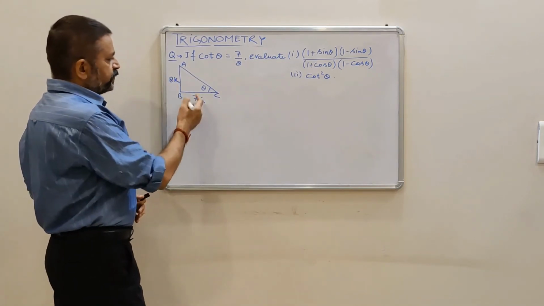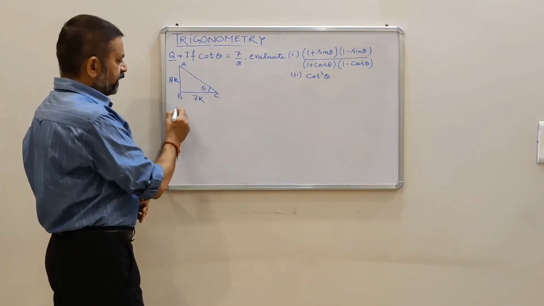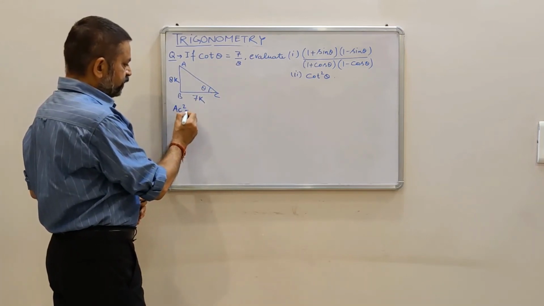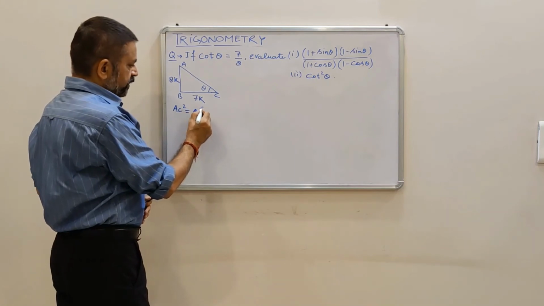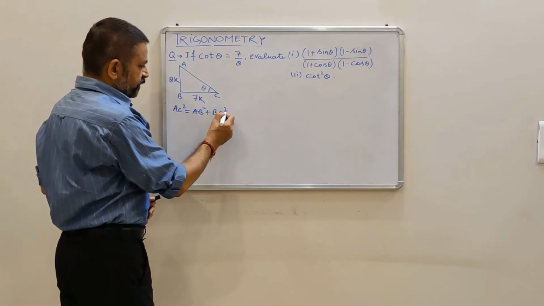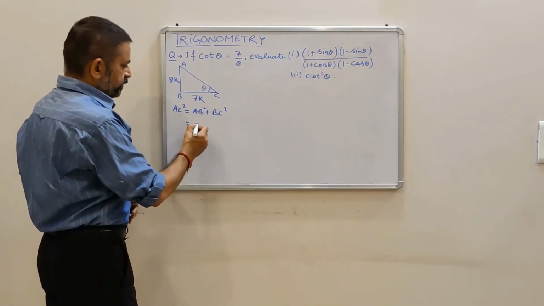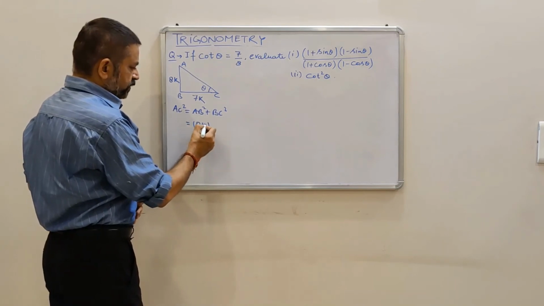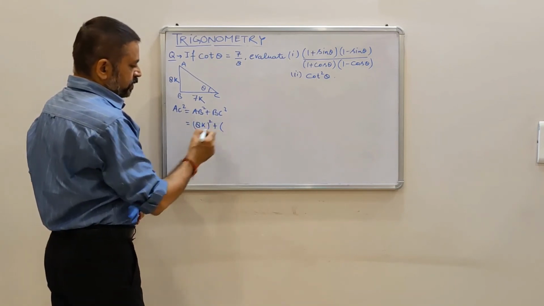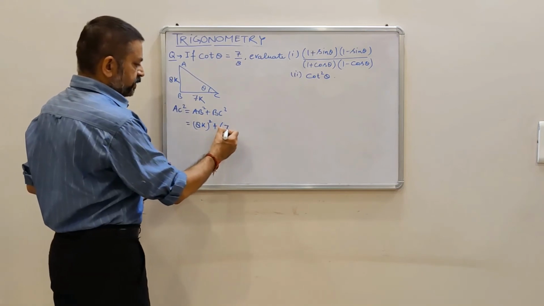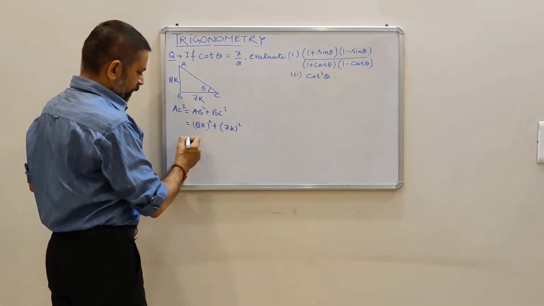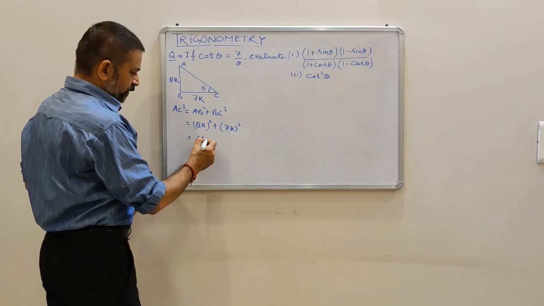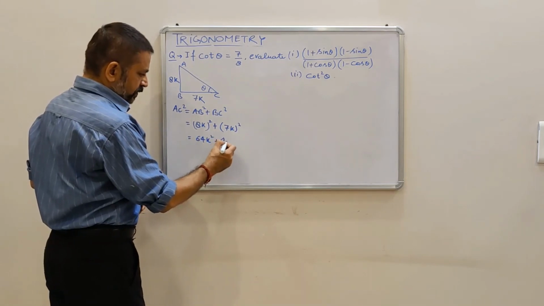Right? So by using the Pythagoras theorem, we can calculate AC as AC square is equal to AB square plus BC square. What is AB square? It is 8k square, 64. What is BC square? 7k square, 49.